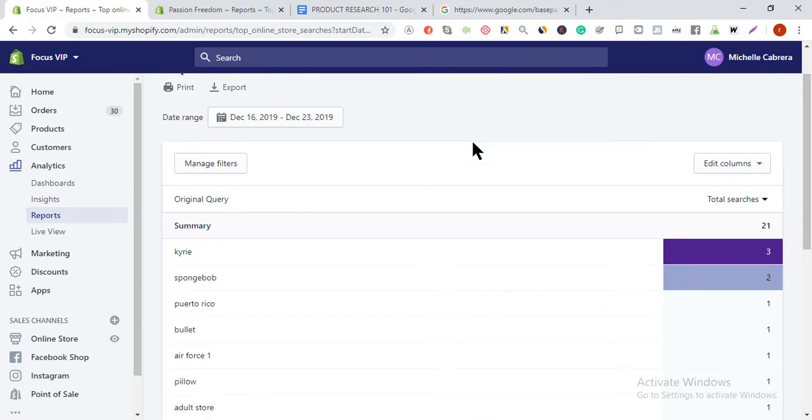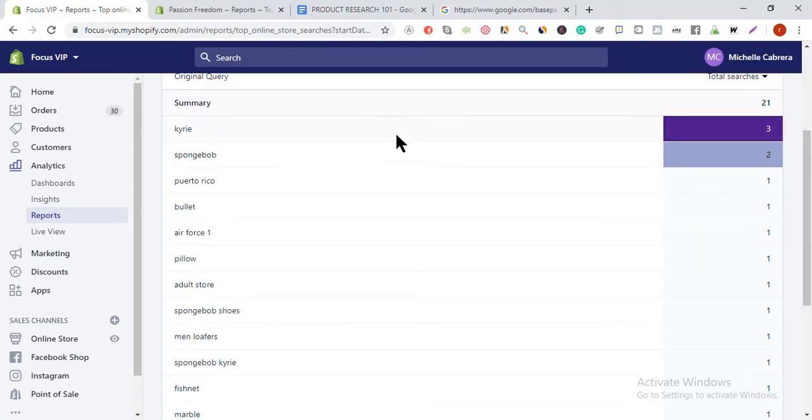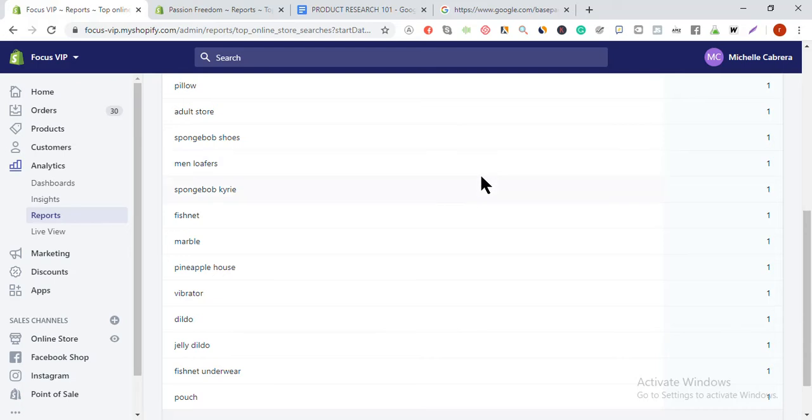As you can see, they're using keywords that are not even related to each other, like men loafers, SpongeBob shoes, adult store, pillow, bullet, even a branded name, Kyrie. I think that's Kyrie Irving.